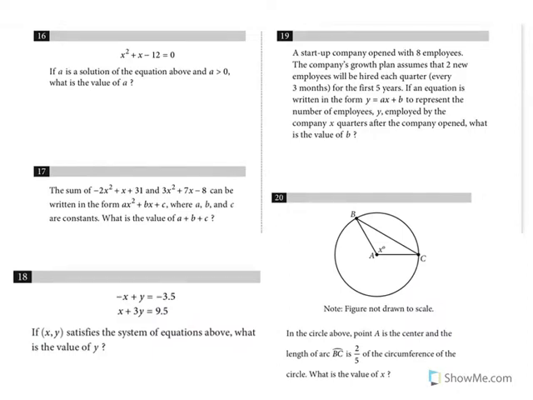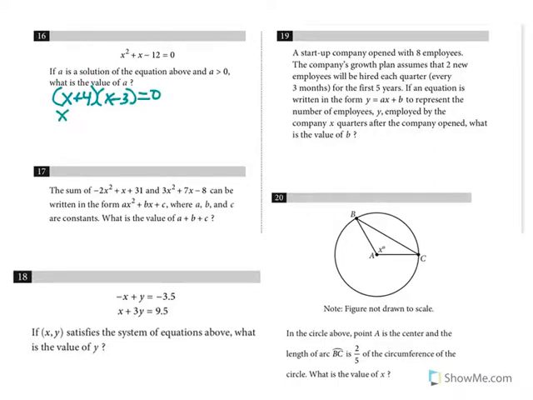If a is a solution of the equation above and a is greater than 0, what is the value of a? So we have to pay attention to the wording here. All right, so we have a quadratic. We want to factor and solve that way. x squared plus x minus 12 means our 2 factors are going to be x plus 4 and x minus 3, that equals 0.